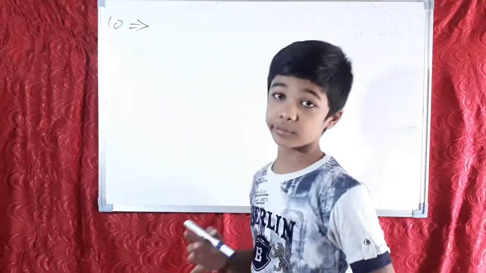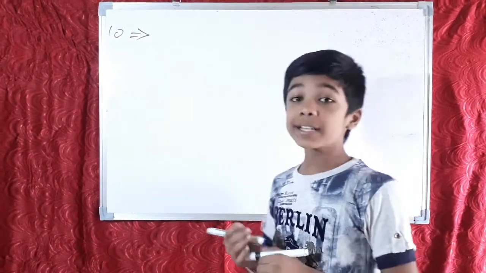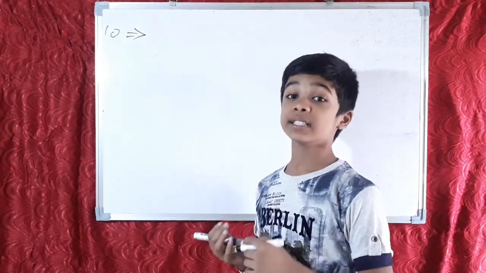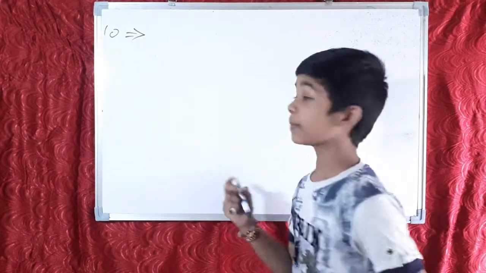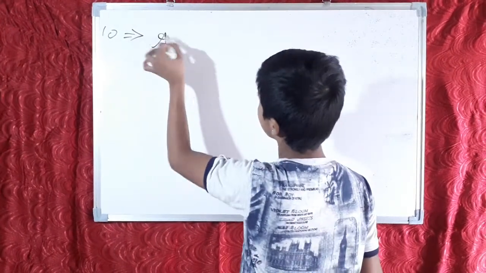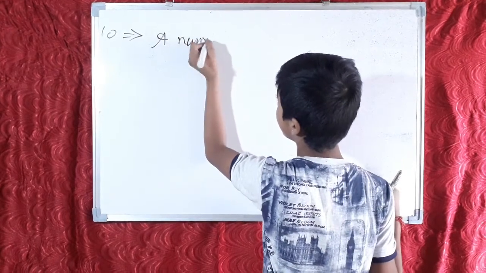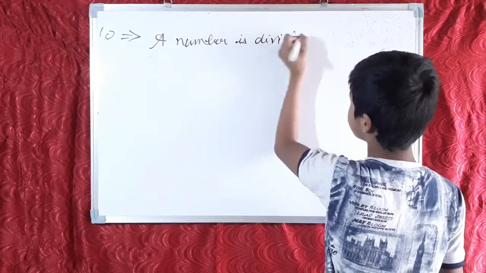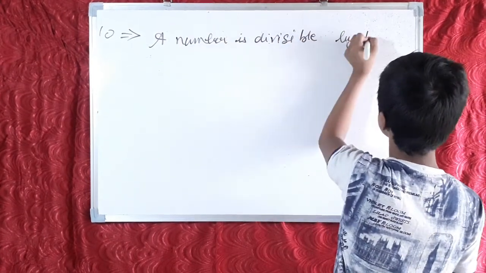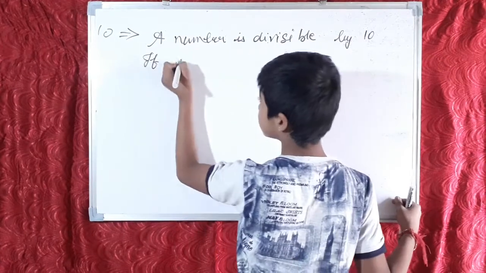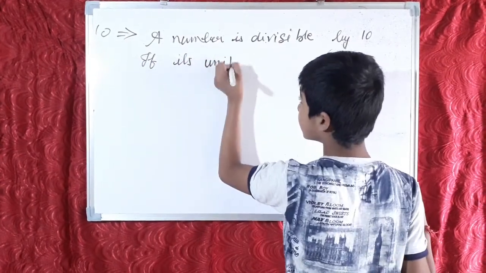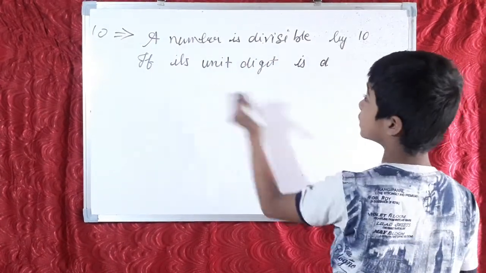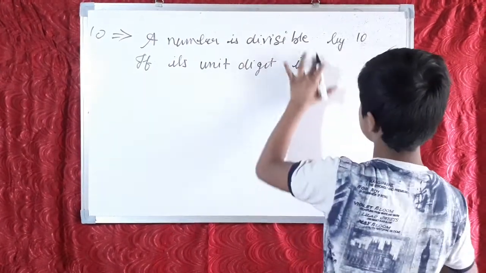So friends, now we are going to take the divisibility test of 10. A number is divisible by 10 if its unit digit is 0.